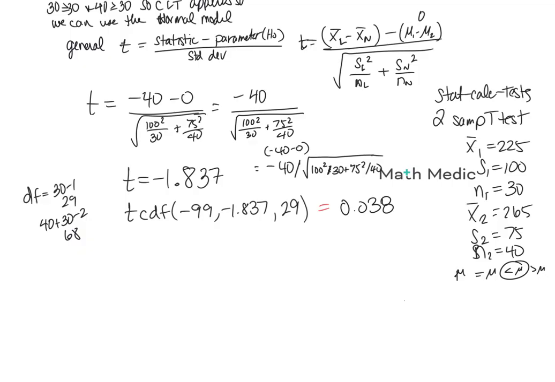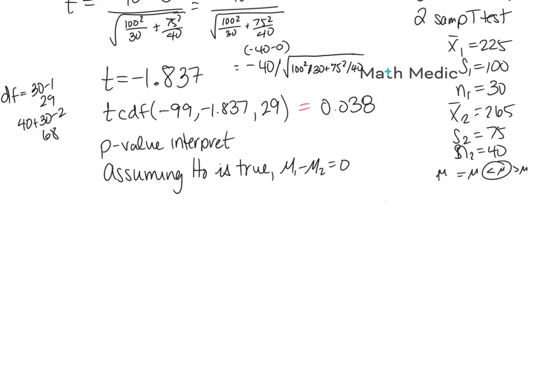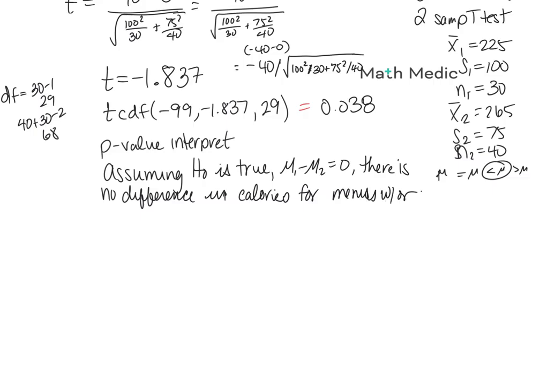Now for our conclusions. Okay, so interpreting our p-value. Assuming H0 is true, mu1 minus mu2 equals 0, there is no difference in calories for menus with or without labels.